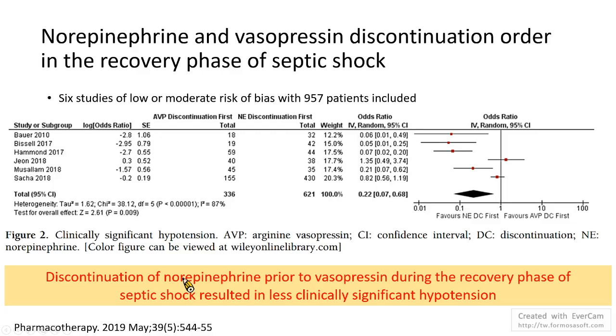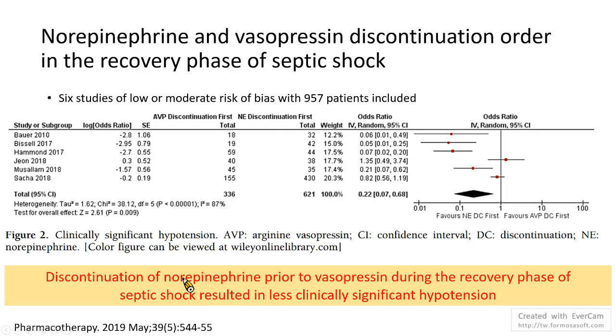Otherwise, what if we do it in the other sequence and taper vasopressin first? Then the studies consistently present an increased risk of rebound hypotension. Part of the reason is the pharmacokinetic feature that vasopressin actually has a longer half-life.